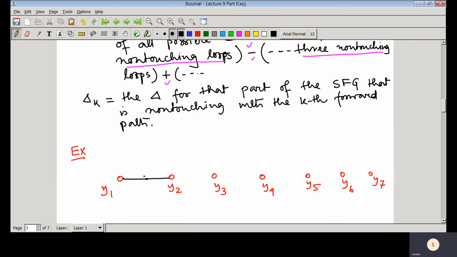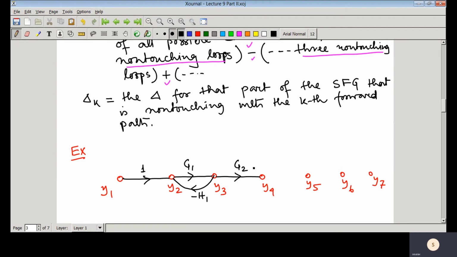We have the branch from y1 to y2 with gain 1, then another branch here with gain g1. Here you can see this g1 is actually the transfer function. You have another gain that is minus h1.